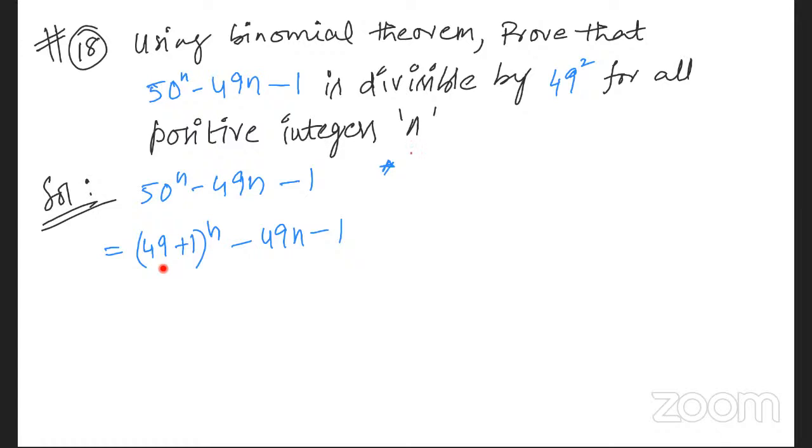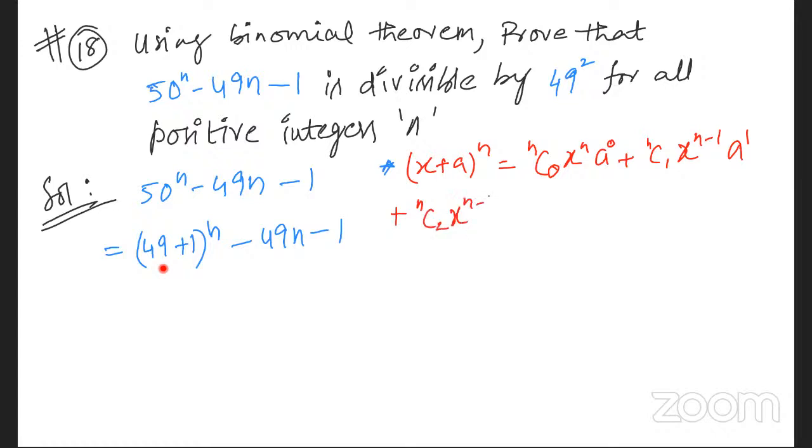Which identity? x plus a whole to the power of n is nothing but nC0 x to the power of n a to the power of 0 plus nC1 x to the power of n minus 1 a to the power of 1 plus nC2 x to the power of n minus 2 a square plus so on plus nCn x to the power of 0 a to the power of n.